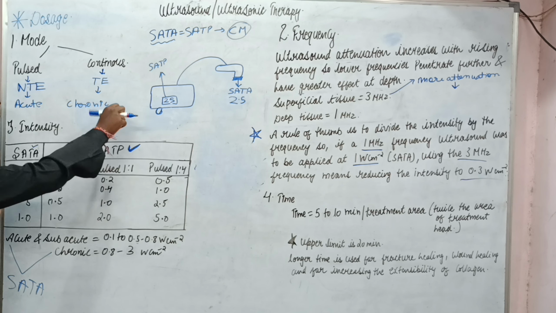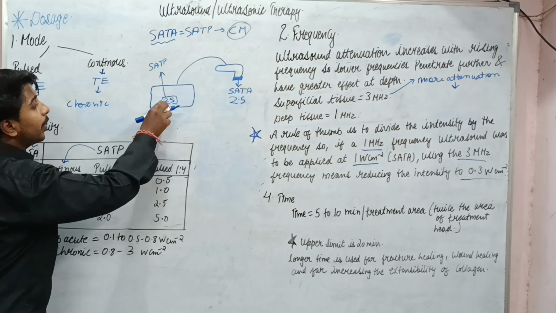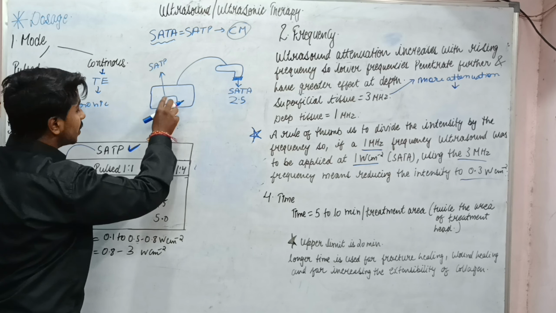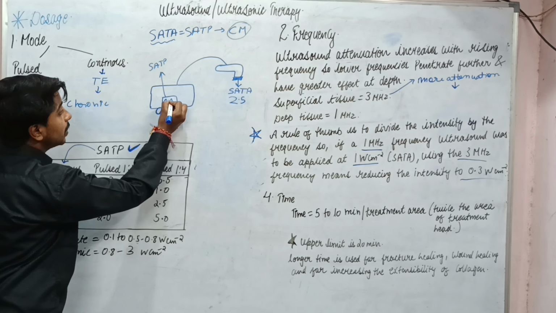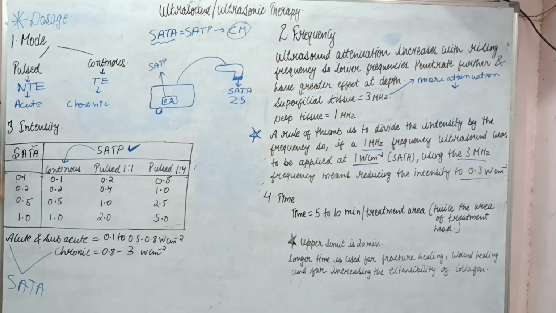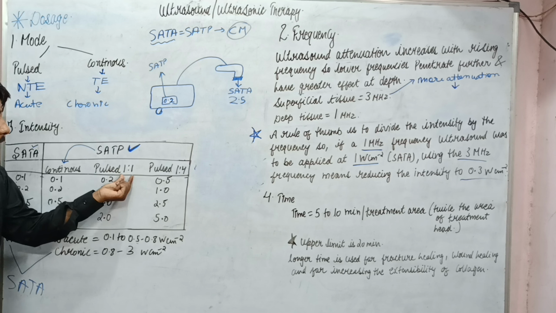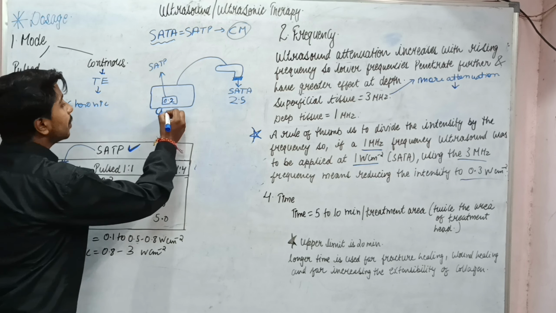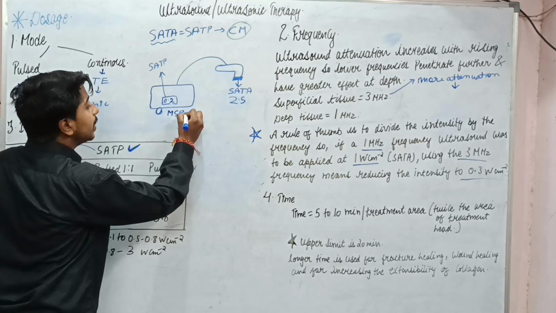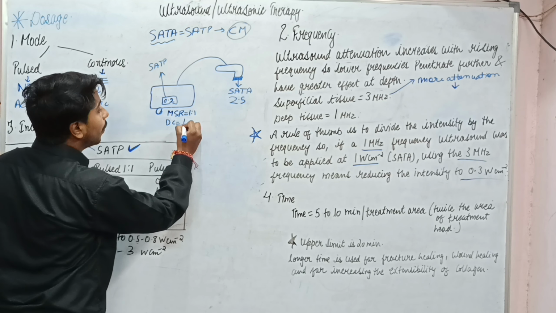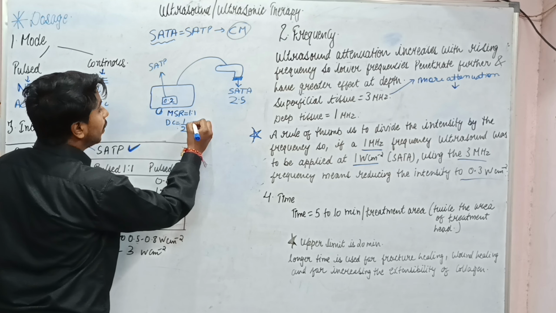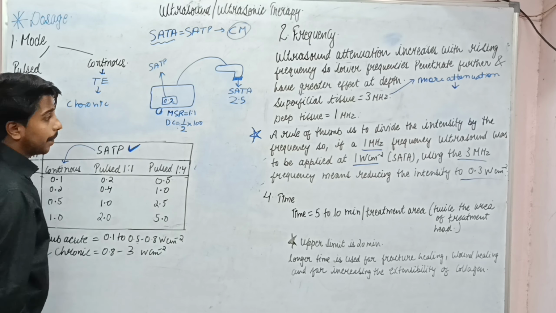SATP is what I am increasing. So let us say now we are using pulsed mode. So I increased the intensity up to 0.2, and the pulsed mode is 1:1. That is, mark space ratio is equal to 1:1, and duty cycle is equal to 1/2 into 100.